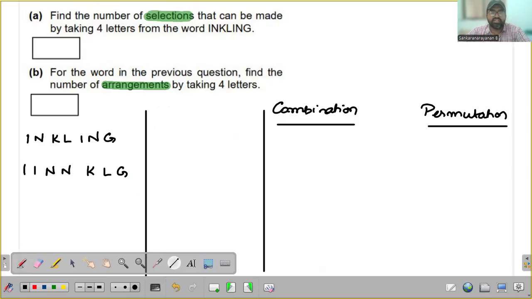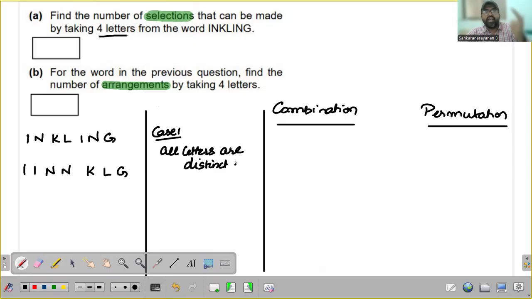Let us look at the first case. Case 1. You have to form 4-letter words, right? Case 1. All letters are distinct. So, in how many ways all 4 letters are going to be distinct?